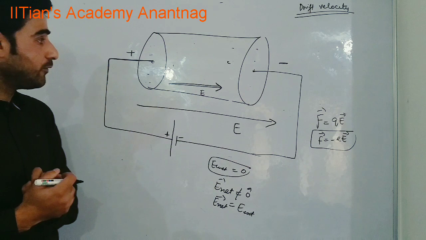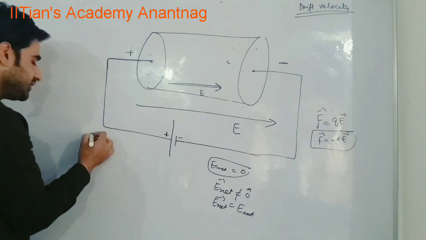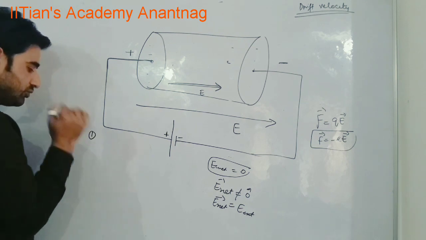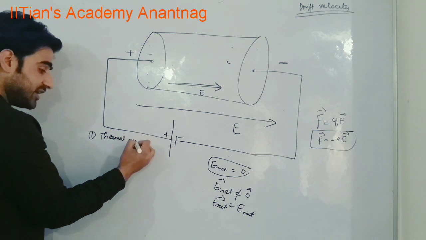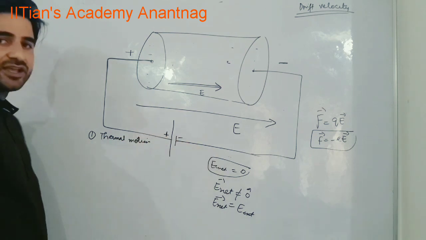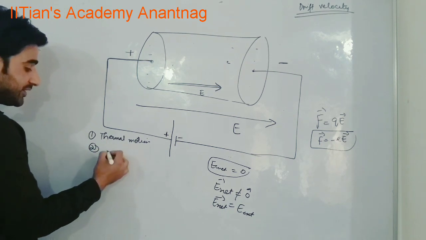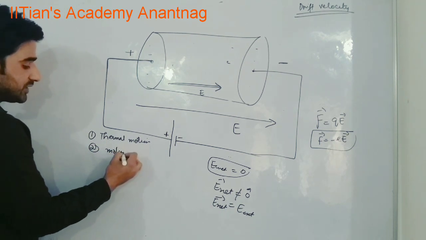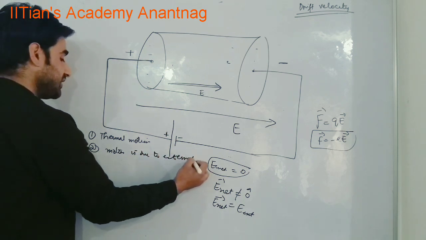Now, how can I explain it? How many types of motions are possible now? Two motions. I cannot ignore thermal motion, that is still there, because temperature is still there. Now there will be one more motion, in fact an accelerated motion. This second motion is due to the external electric field, as I mentioned in the animation.